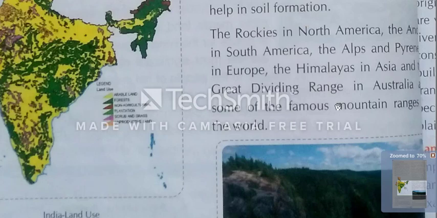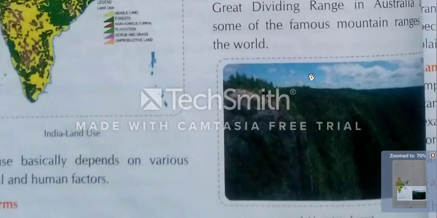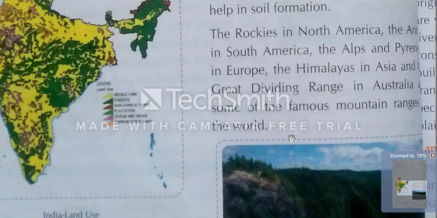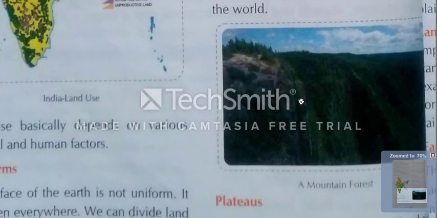These are some famous mountains which are very helpful, having such types of forest, fauna, and water available there, which is very helpful for climate. Clear? These are all examples, and these are all very high, famous mountains in the world.